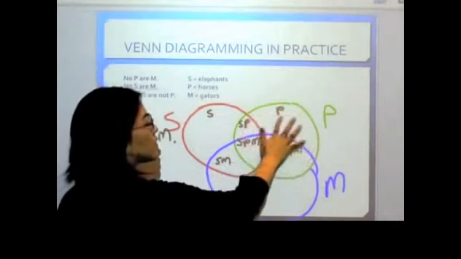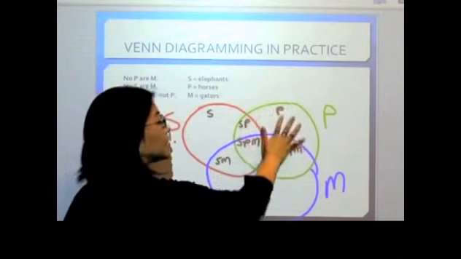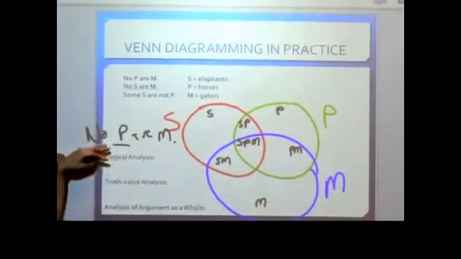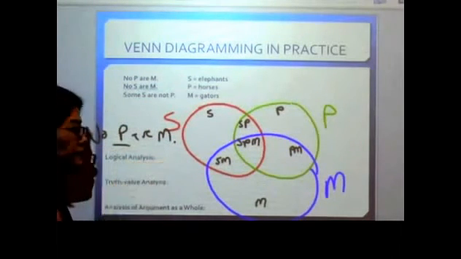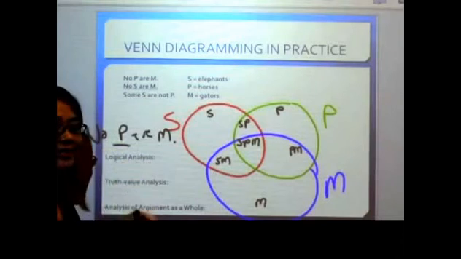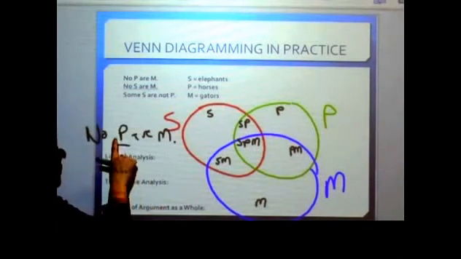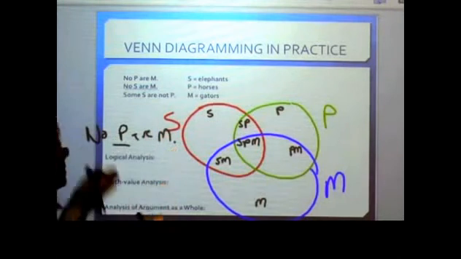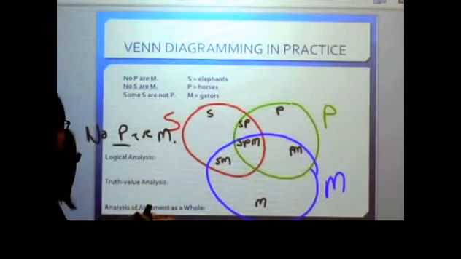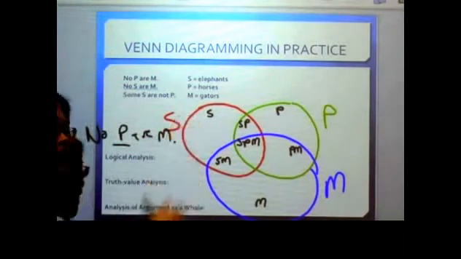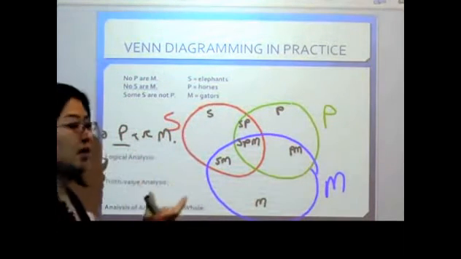So this circle here, and we're going to do all our work in this circle. And this statement states that no P are M. So what does not exist according to this statement are all those things that are both P and M. Since no P are M, those things that are both P and M do not exist. So we want to shade those things that are both P and M.